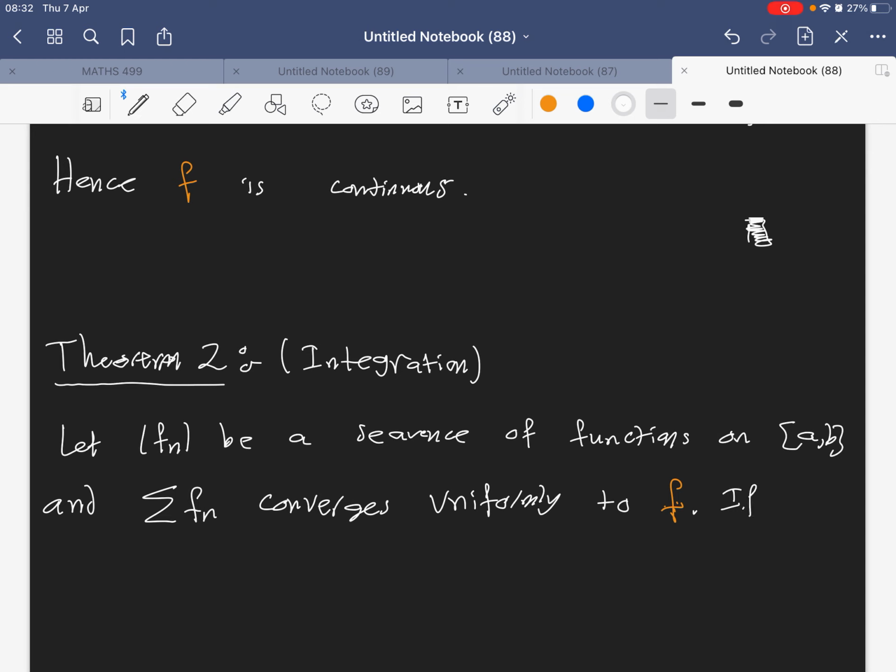Now if each fn is Riemann integrable on [a, b], then f is Riemann integrable.